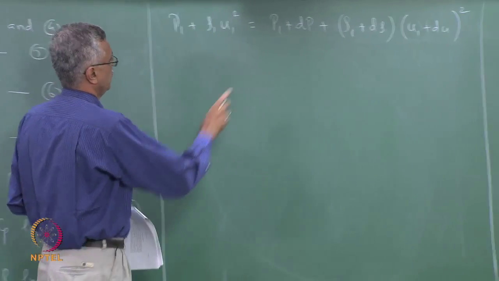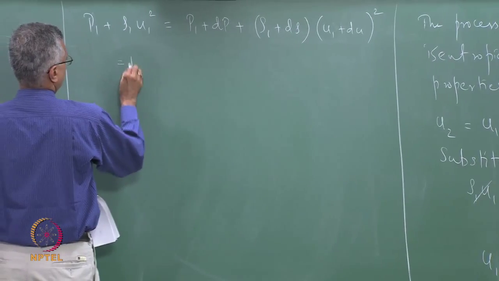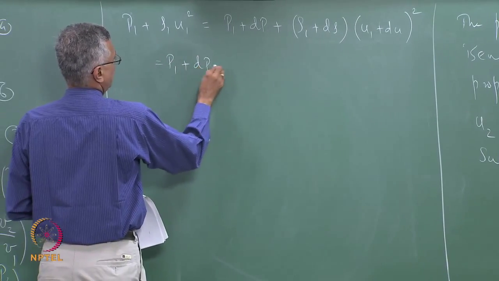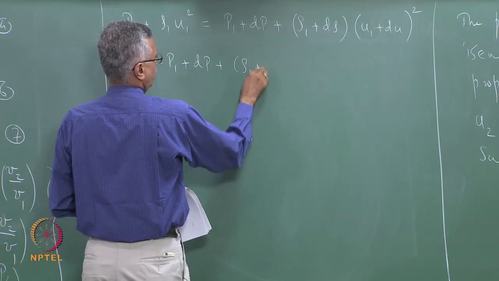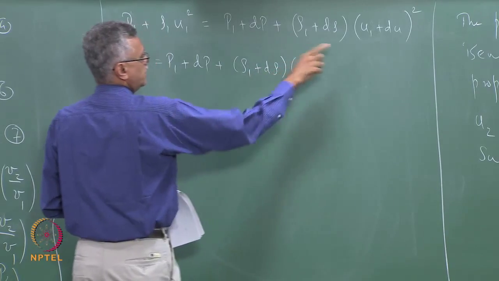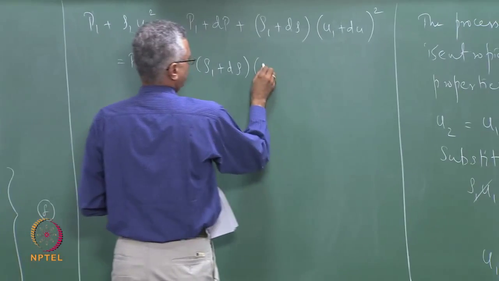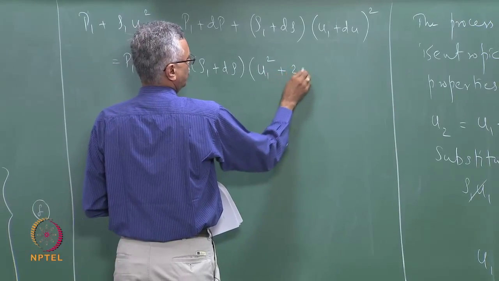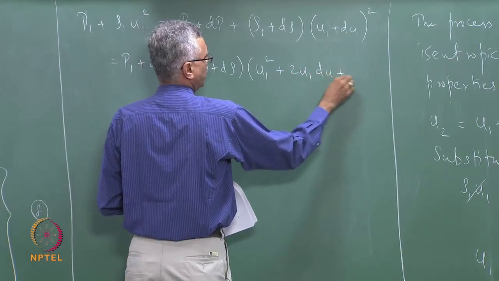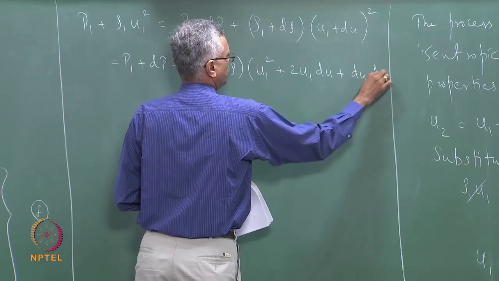So we simplify the right hand side as follows. We write this as P1 plus dP plus rho 1 plus d rho. We expand this, so this can be written as U1 square plus 2 U1 du plus du times du.